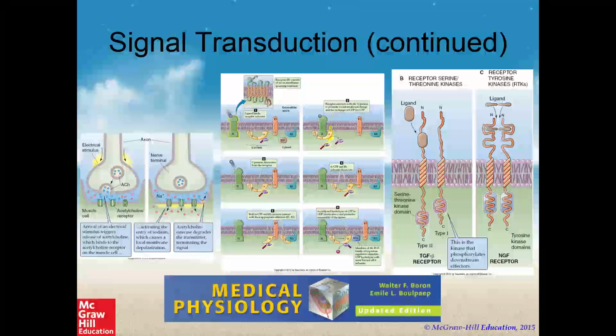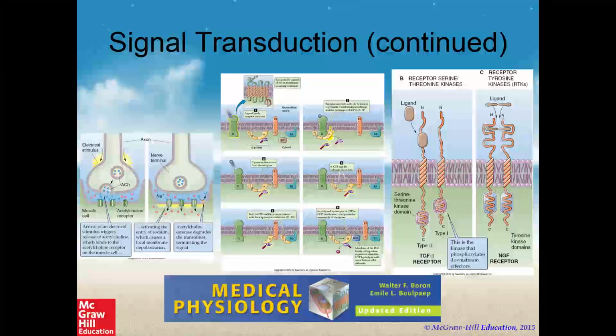The beta and gamma subunits stay together. They can drift away from the receptor as well, but they tend to alter opening and closing of channels in the membrane. So the catalytic subunit is the alpha. That's the one that has enzymatic activity. And the beta gamma are going to associate with other proteins in the membrane, causing different changes.